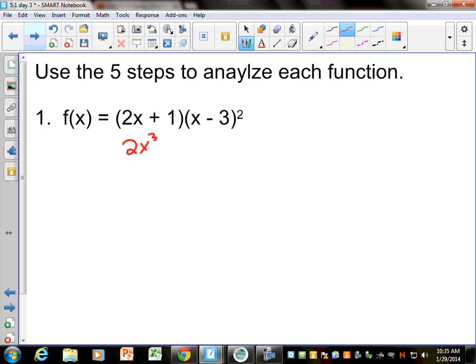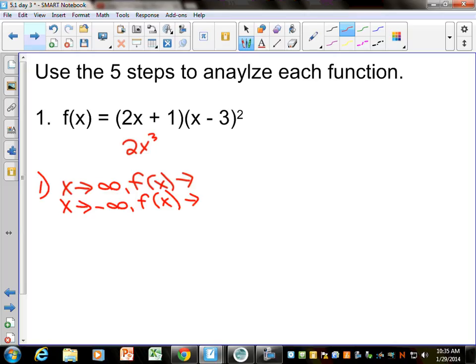So I'm going to write this 5 steps, and I'm going to say my end behavior is as x goes to infinity, f of x goes to something, and as x goes to negative infinity, f of x goes to something. If it's odd and it's a positive coefficient, which way is it going to go there?